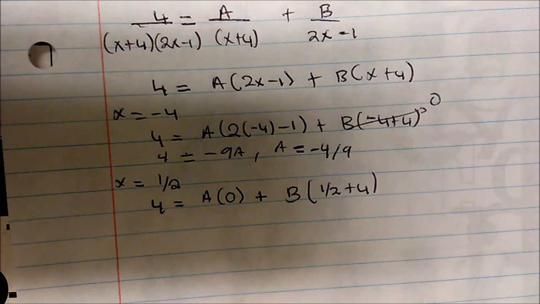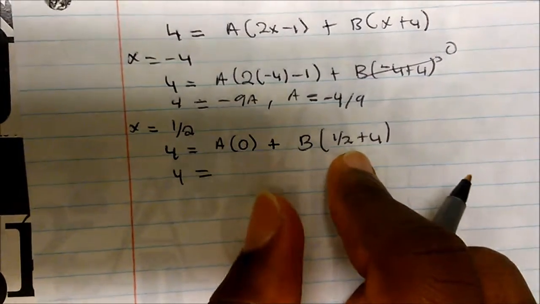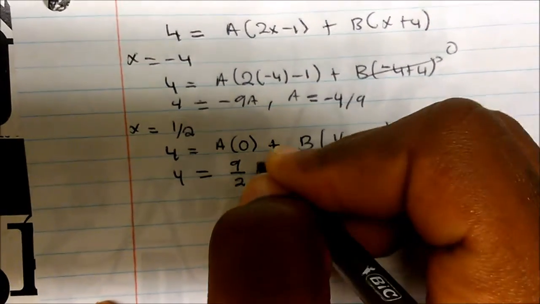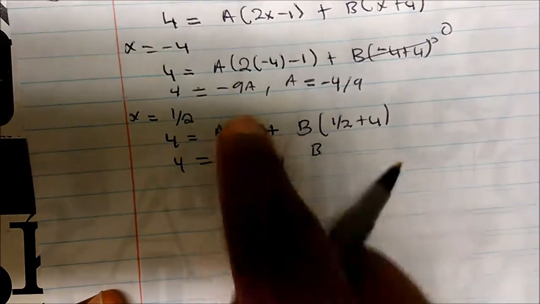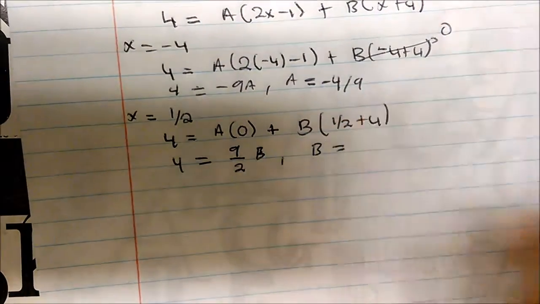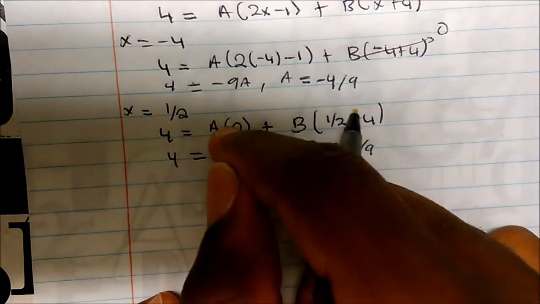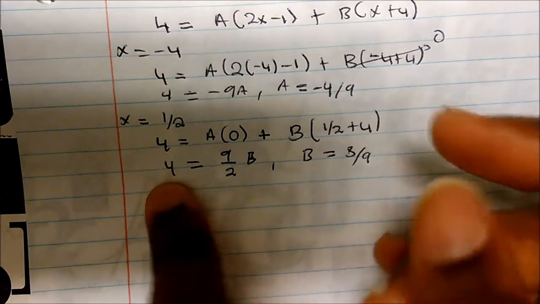So 4 is equal to 1/2 plus 4, which is 9/2, so this is 9/2 B. Therefore, if I want to solve for B, I multiply by the reciprocal on both sides, and B happens to be 8 over 9. If I multiply by the reciprocal on both sides, 2 times 4 becomes 8, and I still have 9 on the bottom.